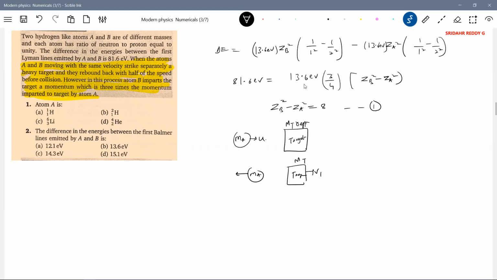If I write u, this will be u by 2. So again for the second situation, the second nucleus moving with a speed u will strike a target, and the target is at rest, and it will impart momentum, that will be v2.